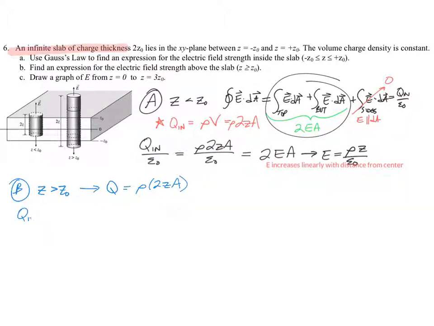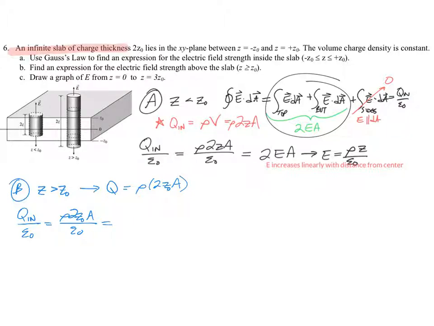My Q on the inside of the Gaussian surface, just like before, rho 2z naught A. I guess I got to put my naught here since we're dealing with a different Gaussian surface here, per epsilon naught.